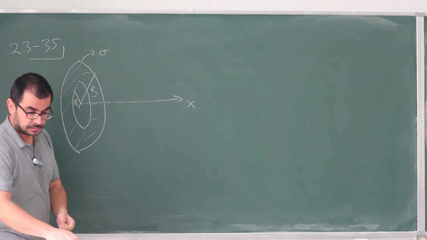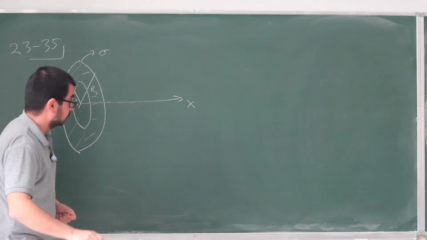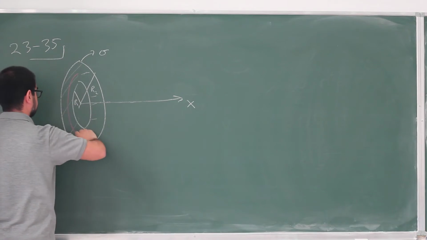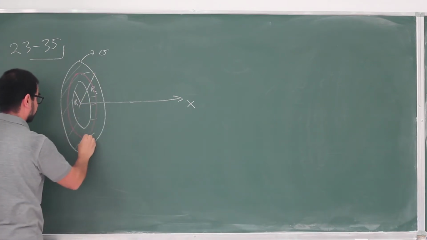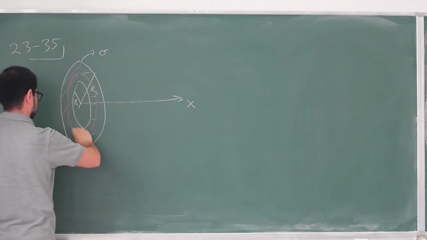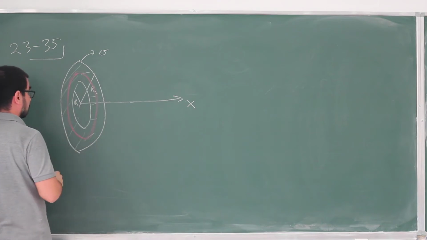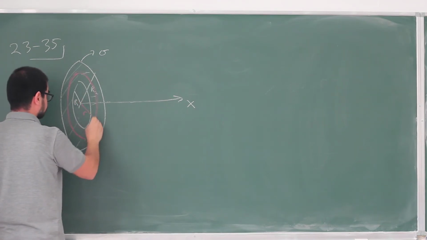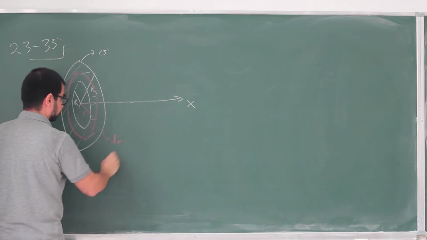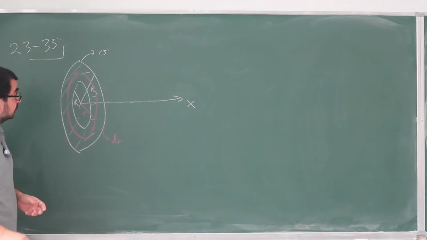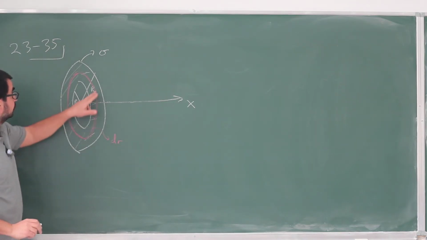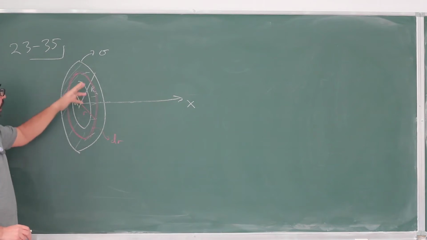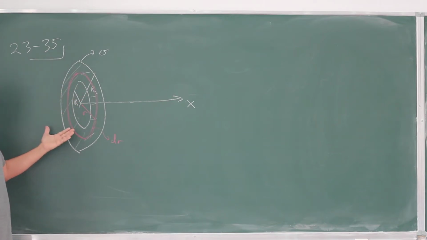So let us throw some very thin circular rings here, just something like that. These are going to have radii r and thickness dr. By calculating the potential due to these rings and adding them all up, I can calculate the total potential.